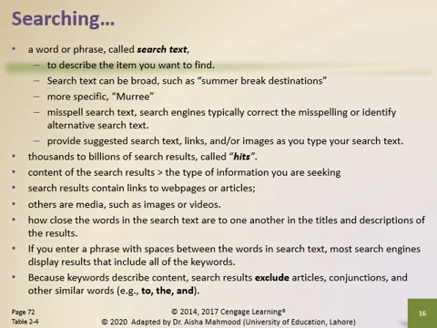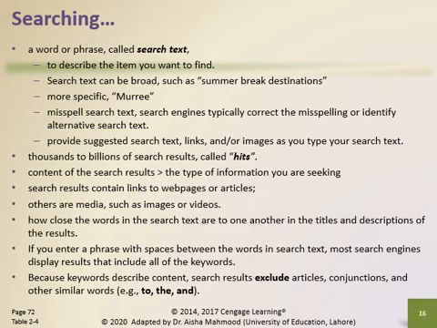Some search results contain links to web pages or articles. Others are media such as images or videos. Most search engines sequence the search results based on how close the words in the search text are to one another in the titles and description of the result. Thus, the first few links probably contain more relevant information.